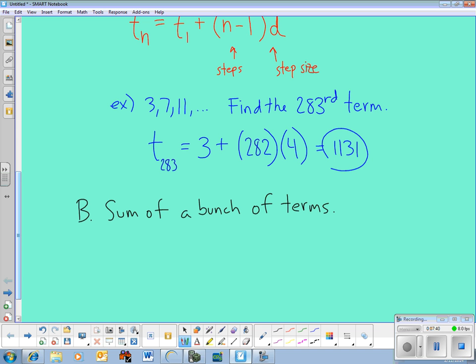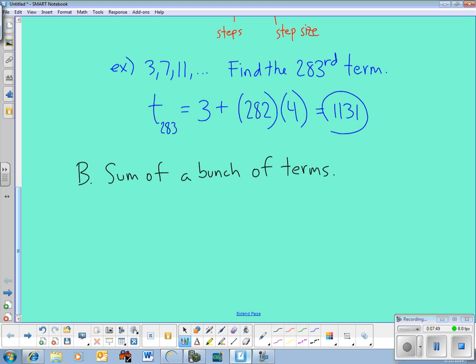So what if I needed to add up the first 283 terms in the list? It wasn't enough for me to just know what the last one was. I needed to add it up. So, for example, I need 3 plus 7 plus 11 plus all the way out to the 283rd term, which happens to be 1131.